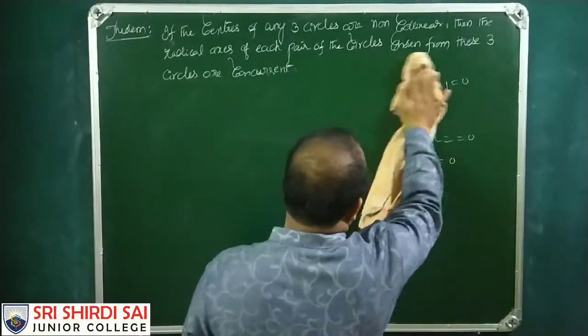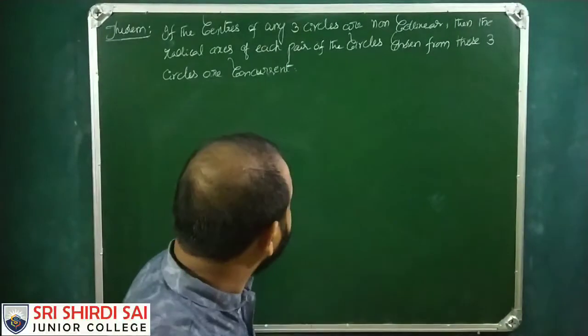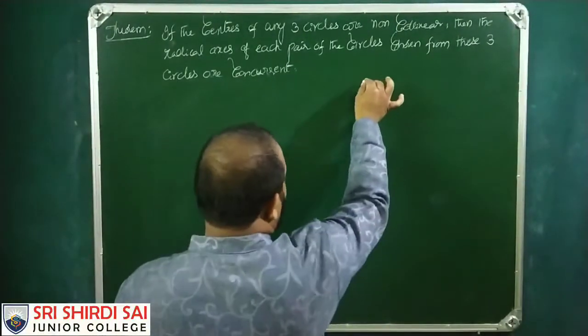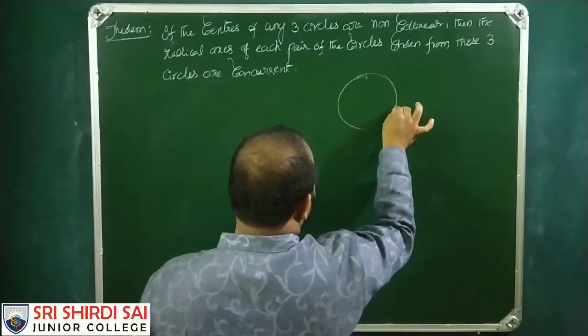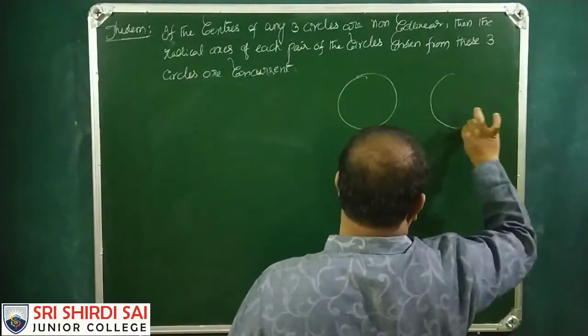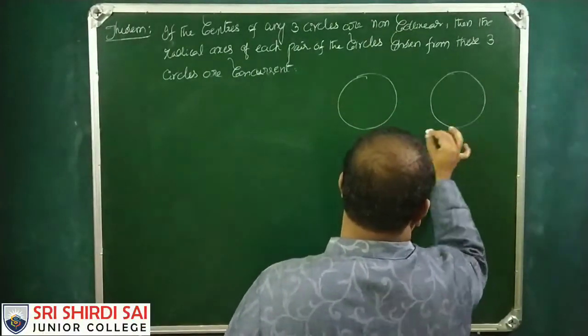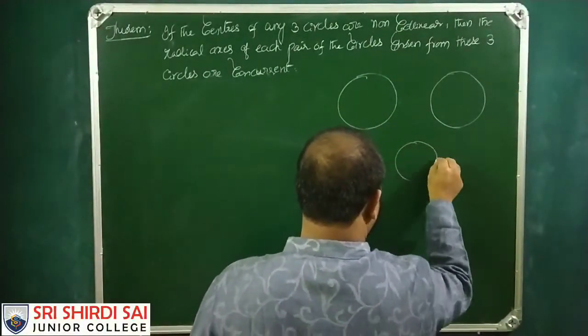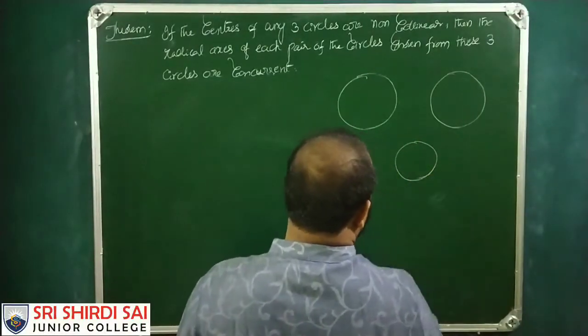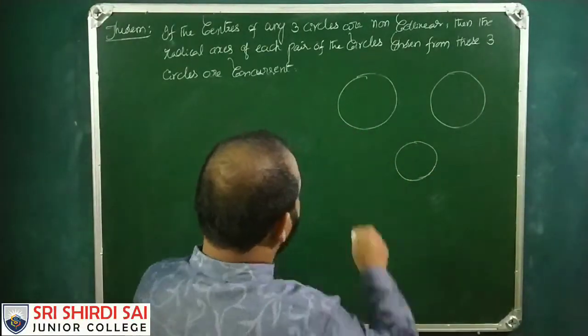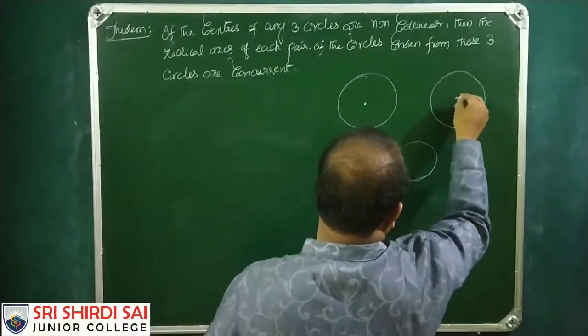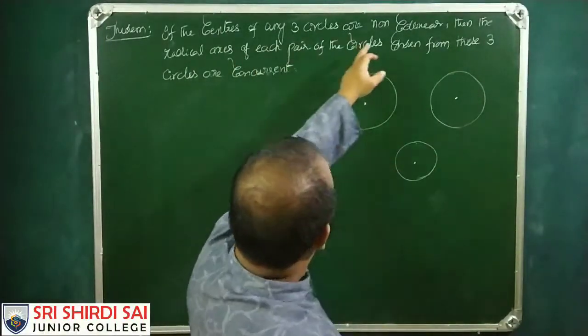In the similar way, here the three circles are like this. There are three circles. These three circles, their centers are non-collinear.